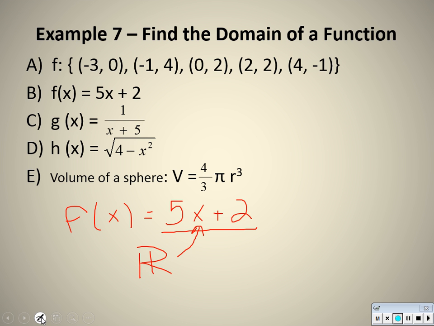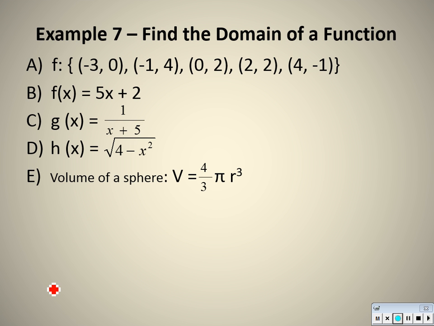But if you notice with part C, we have g of x equals 1 over x plus 5. So now, because you have a fraction with a variable in the denominator, the domain isn't just all real numbers anymore. What we're looking to do here is find a value for x that we would exclude from the domain.